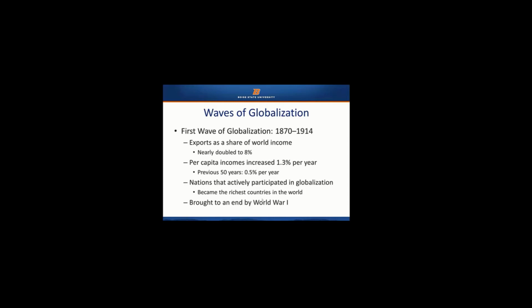So that's key to keep in mind: as world trade increased, so did GDP per capita. People were getting better off as a result of the increased trade. And the nations that were active participants in international trade did a lot better than those that were not. And as the book talked about, this came to a screeching halt in World War I.